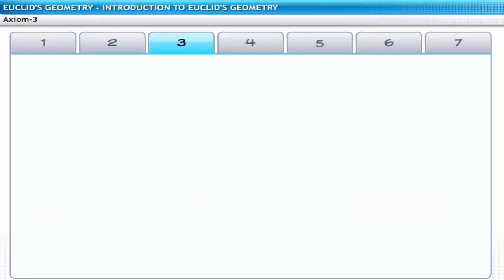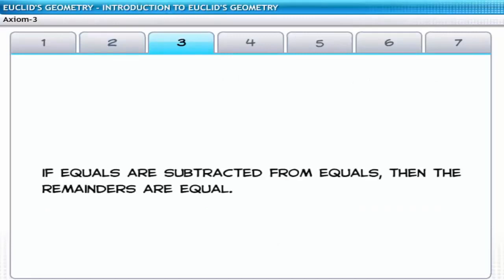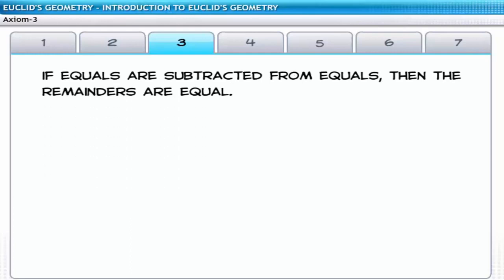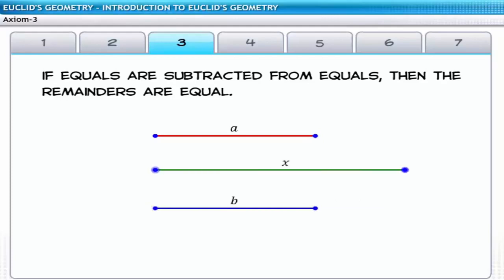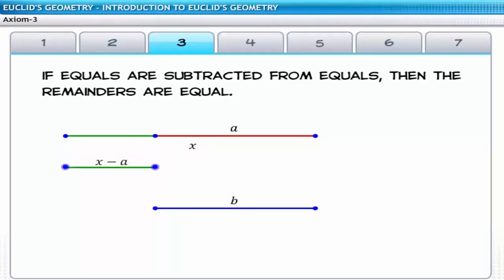The third axiom is about subtraction. If equals are subtracted from equals, then the remainders are equal. Let the line segments A and B be equal in length. Let x be any other line segment. If we remove the length of A from the length of x, we get x minus A. Next, let's remove the length of B from x.